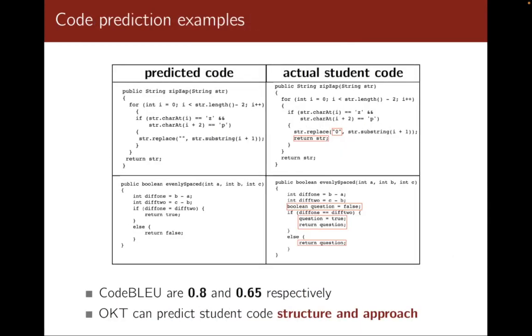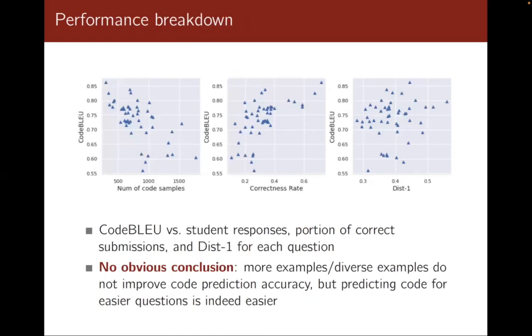Generally speaking, we found that you can capture some structure and variance in student code submissions, because there are many different factors at play: you have style, you have insufficient knowledge, you have specific misconceptions. In terms of detailed performance breakdown across these different problems, we found no obvious conclusion.